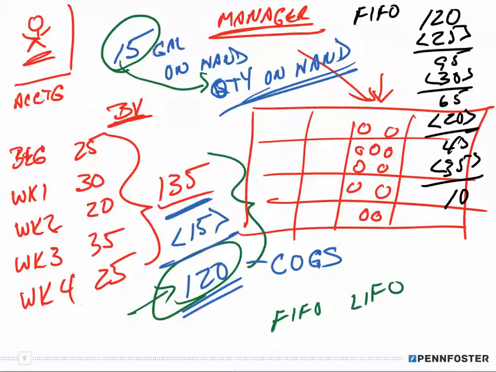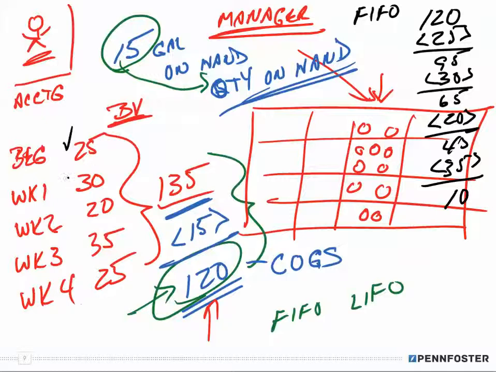The manager does physical inventory and says, we have 15 still in the case. That means we had to sell 120 of them. Well, we have to take the 120 out of our inventory, off of our books. And if we're using FIFO, we start with the first ones in, right? The first ones that went into the refrigerator, okay?